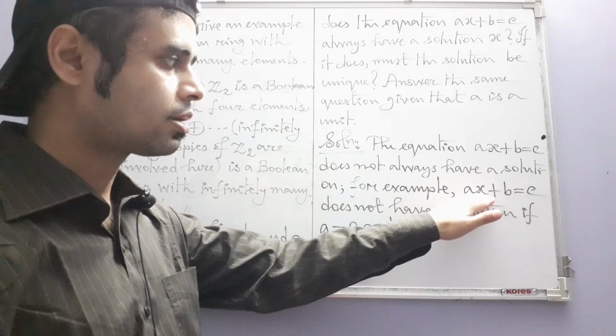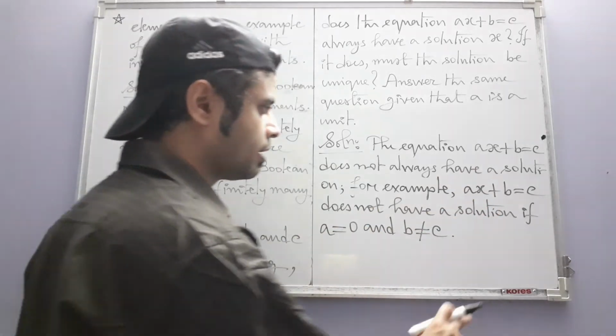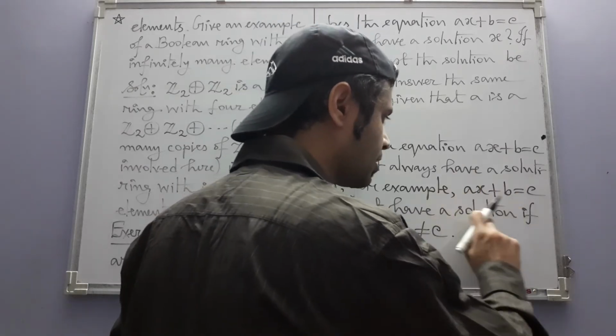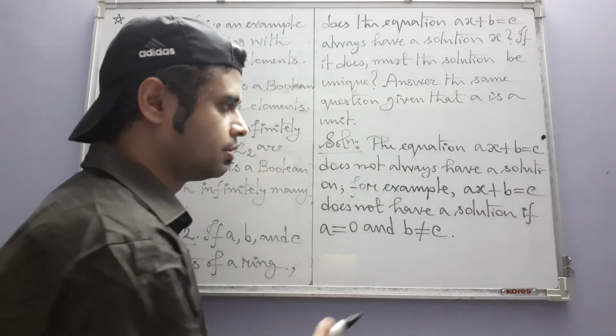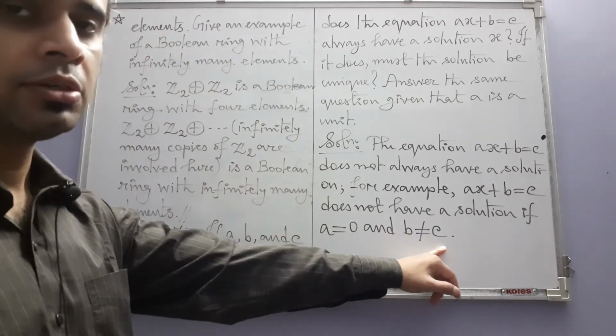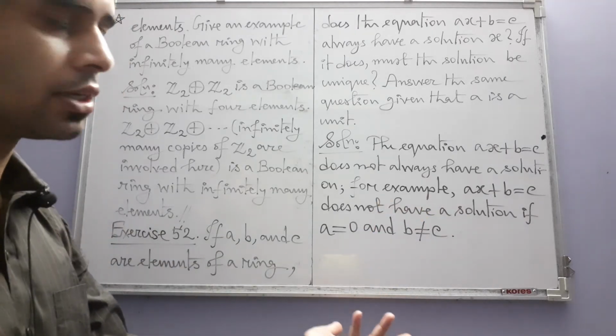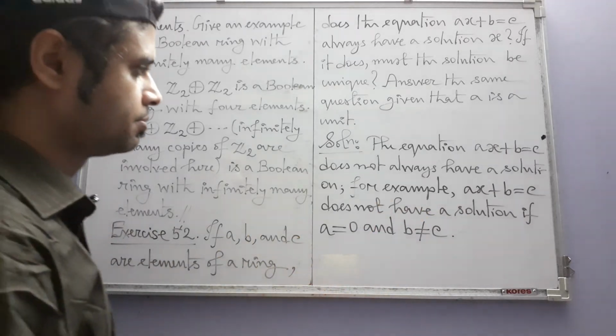So x loses the power to influence this equation. The left hand side is going to be equal to b and the right hand side is c. So if I choose b to not be equal to c, then the equation cannot be satisfied. So there will be no solution.